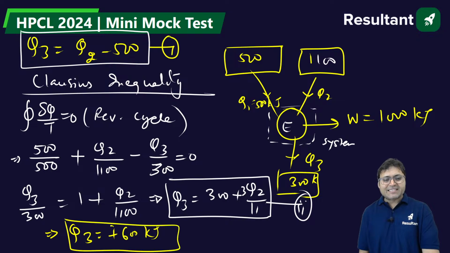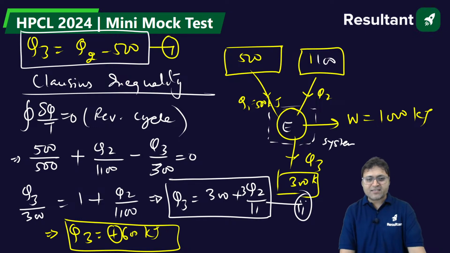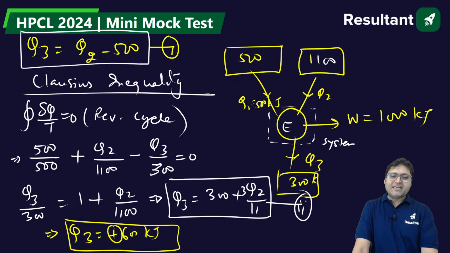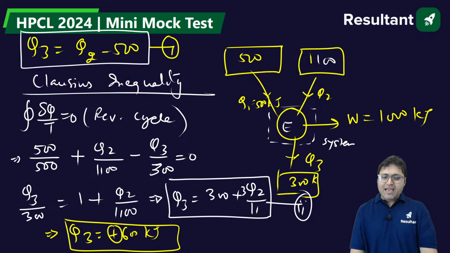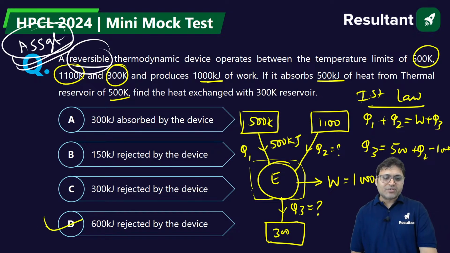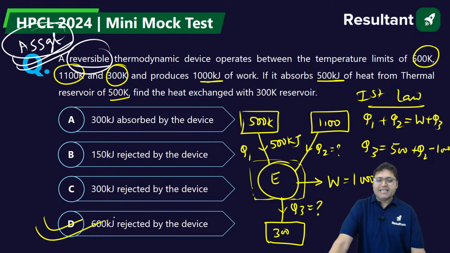It means heat is rejected. If Q3 is positive, then the assumed direction is correct. So the heat will be rejected from the cyclic device to the 300 Kelvin reservoir, and the value of this heat rejected is 600 kilojoule. So 600 kilojoule of heat is rejected by the cyclic device.